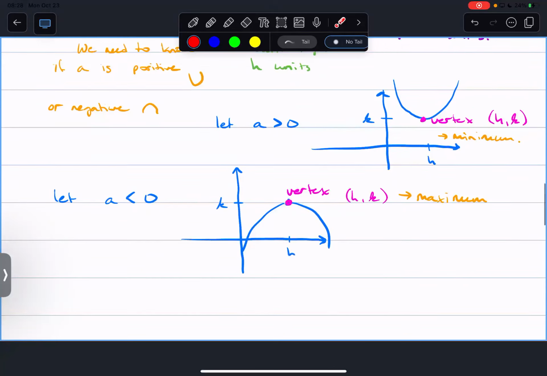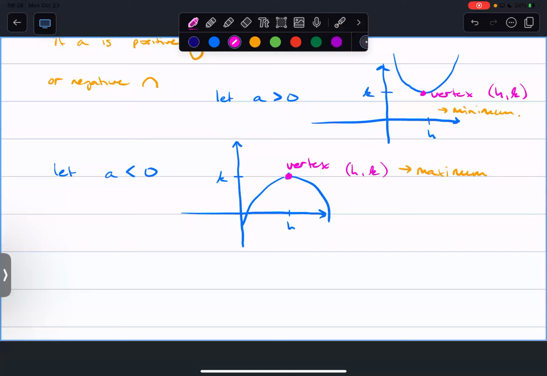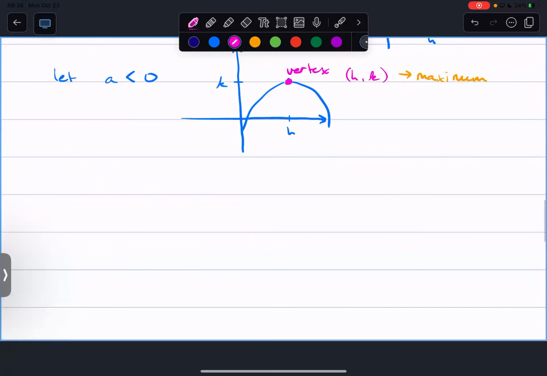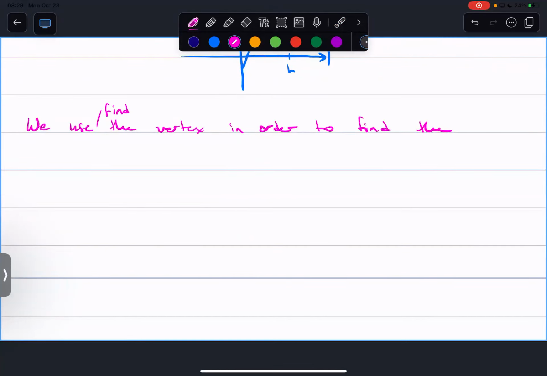And so why do we need the vertex? We use, or find, the vertex in order to find the maximum or the minimum value.